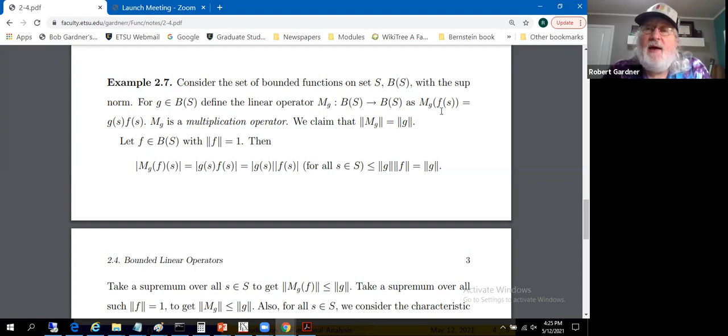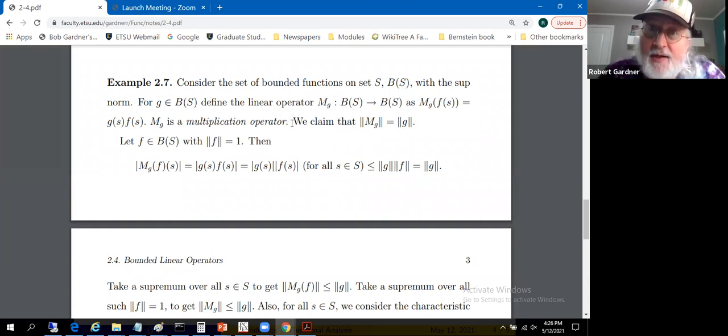So define the linear operator M sub G to map this normed linear space into itself as follows. Take an F in B of S, a function defined on set capital S, which is bounded with respect to the sup norm. The operator M sub G takes such a function and maps it to the function G of S times F of S. M sub G is called the multiplication operator.